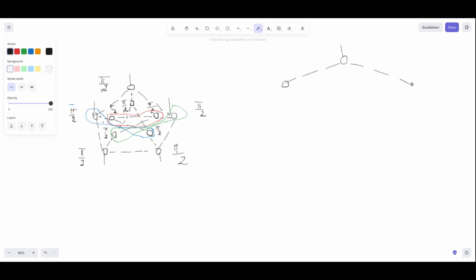So the rule is, when you have those two nodes, the common nodes, like this node and this node, because they are common to this one, they take the phase of the other one, so the phase of this one. So you just take p over 2.